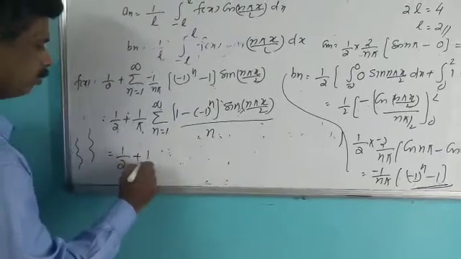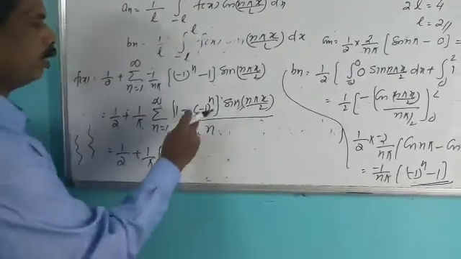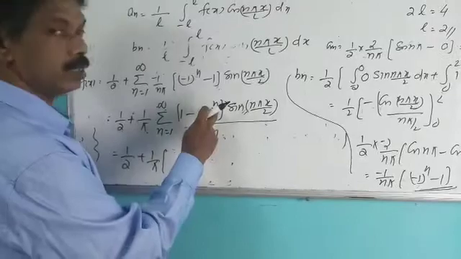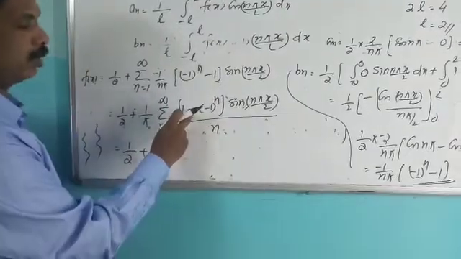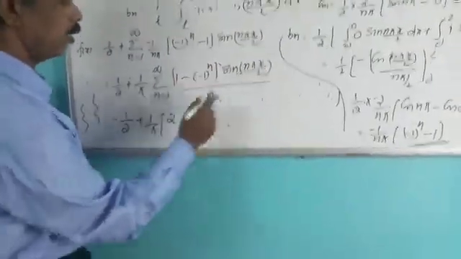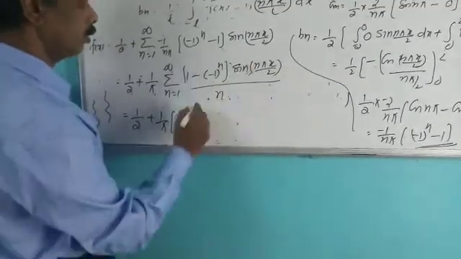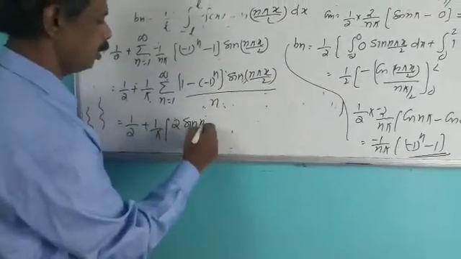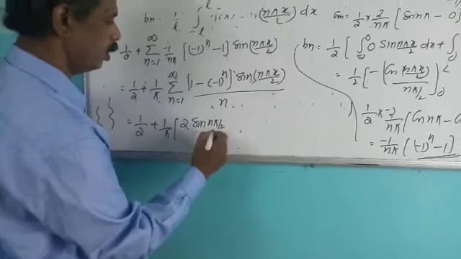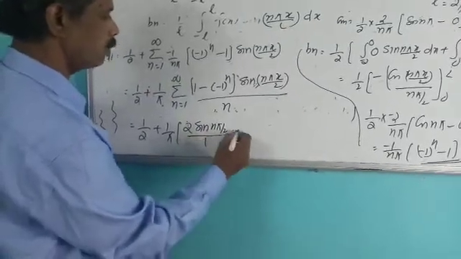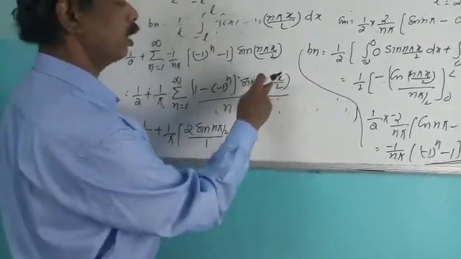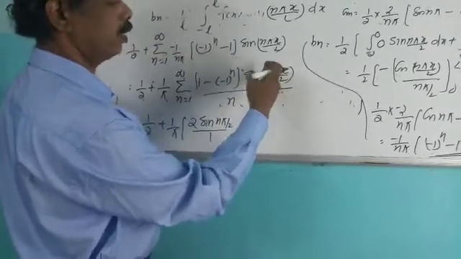1/2 plus 1/π into, when n equals 1, 1 minus (−1)^1, that is plus 2 sin(πx/2) divided by 1. When n equals 2, sin nπ becomes 0, so we can delete that term.